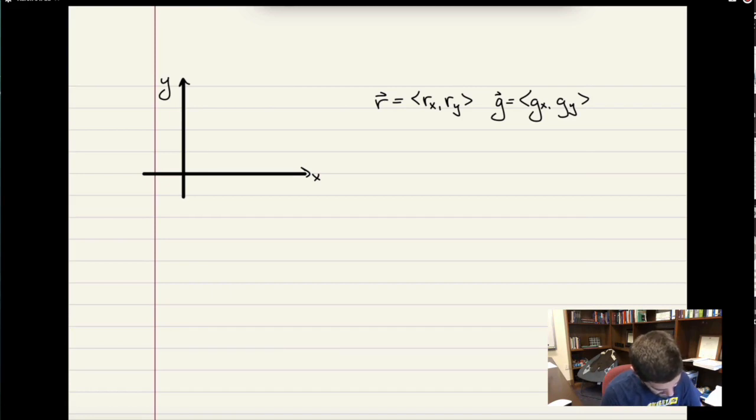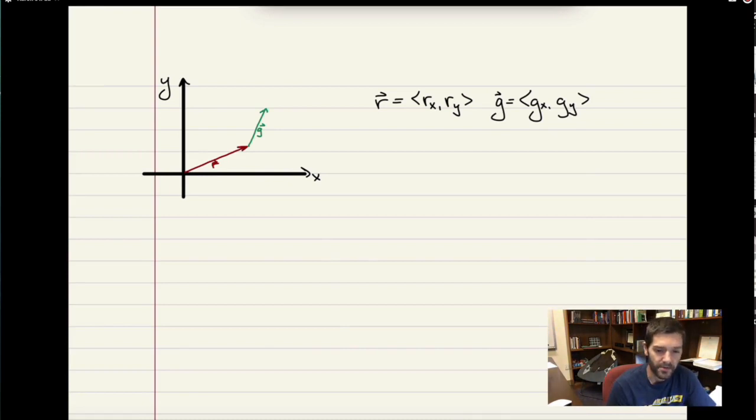So suppose this is the vector r. And then suppose on top of that I add the vector g. I'm just making these up for two arbitrary vectors. What we will write down will be true for any vector, or any set of vectors. So let's look at r first.